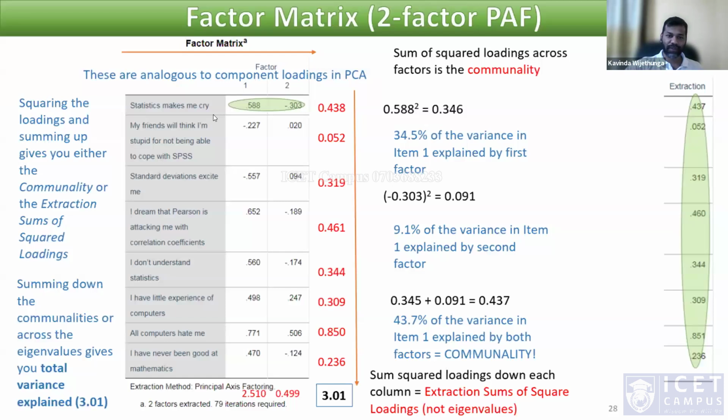Right, extraction sums we can find here. This one. Right, 31.382. Here we can see 37.621. When interpreting unrotated loadings, most of the total variance is explained by the first factor.